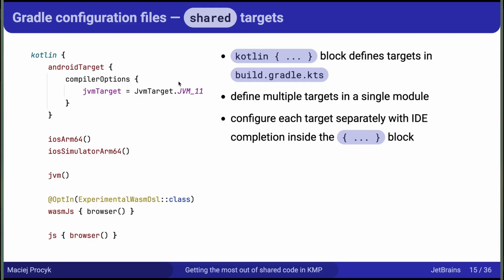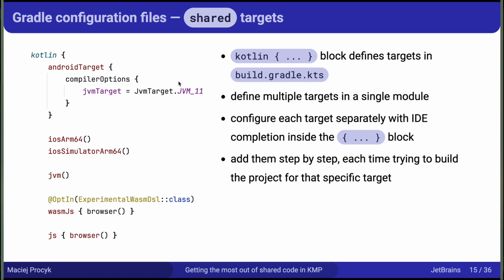We can configure them, make extra configuration in the lambda blocks of each of the targets, but in some cases it's as simple as calling a simple function like jvm or iosX64. So that's how we state that this module will support those two targets.